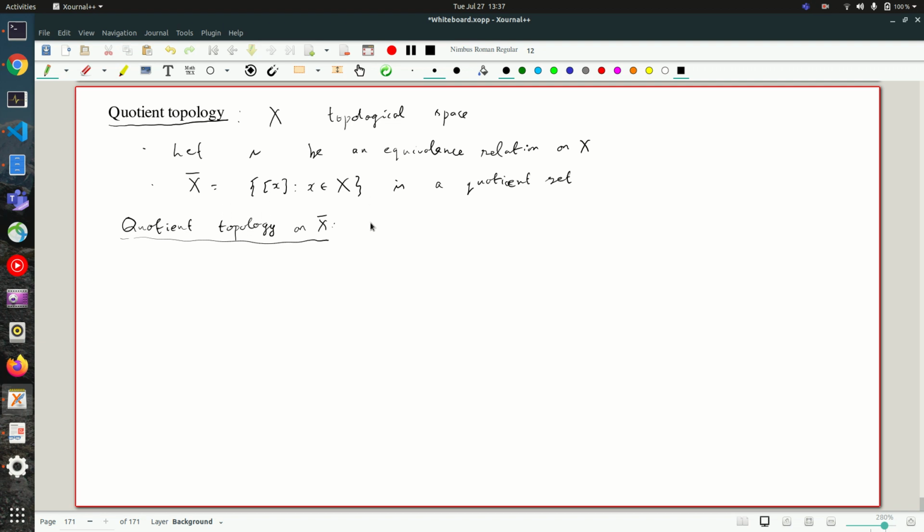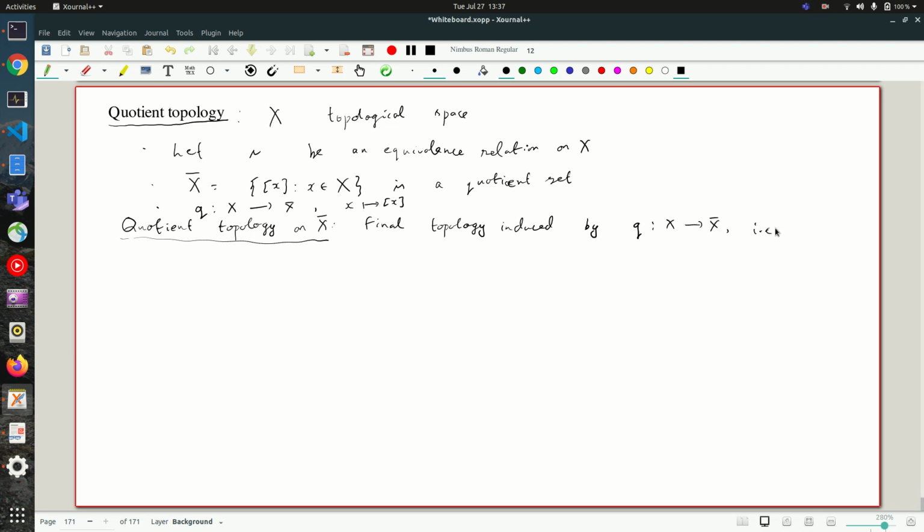Let's define it to be the final topology induced by the quotient map Q, which takes each element of X to its equivalence class in X bar.